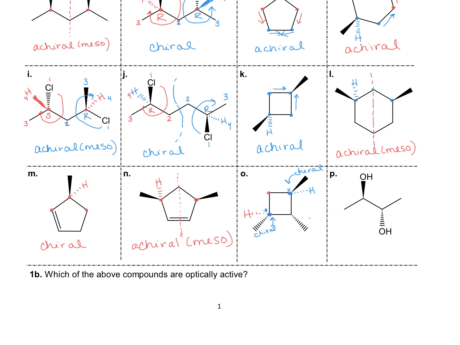And so if you look down this bond, you could think that maybe there's a plane of symmetry, but one methyl is up and one methyl is down. And so this molecule is simply chiral. It has 2 chiral centers, but not a plane of symmetry.